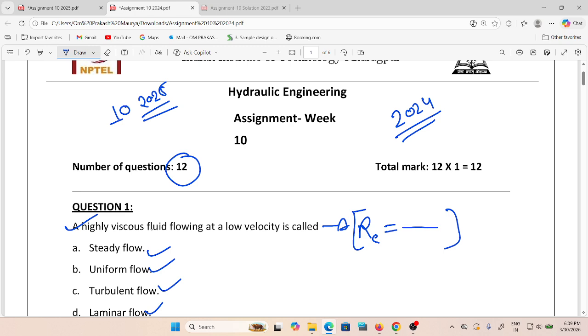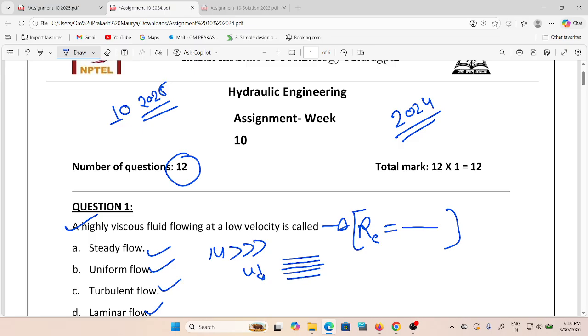Here, if your viscosity, that is dynamic viscosity, is high for a particular flow, and velocity is low, then what will happen? Your flow will be very streamlined.